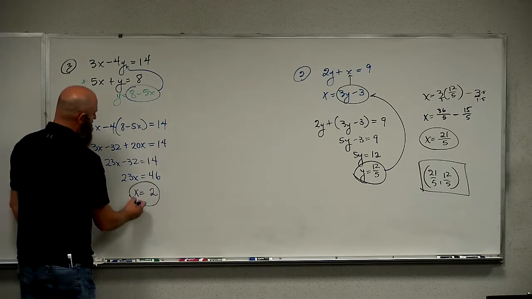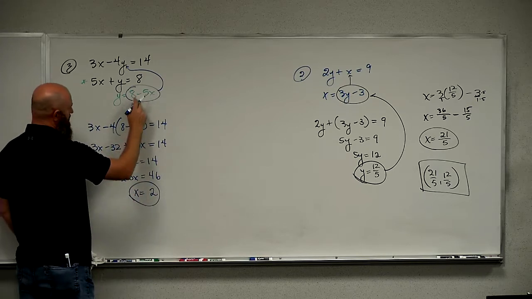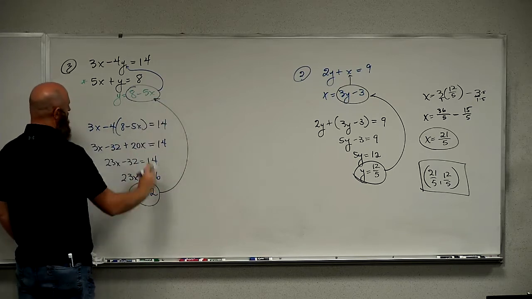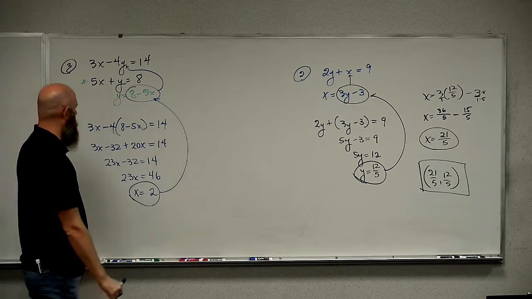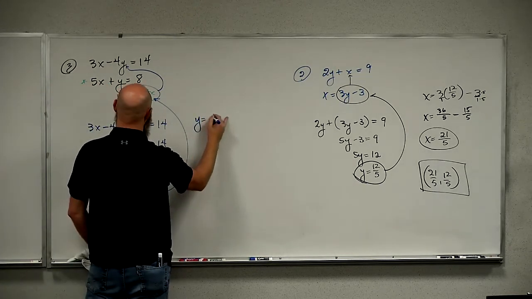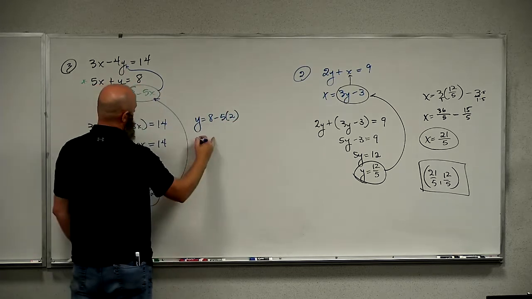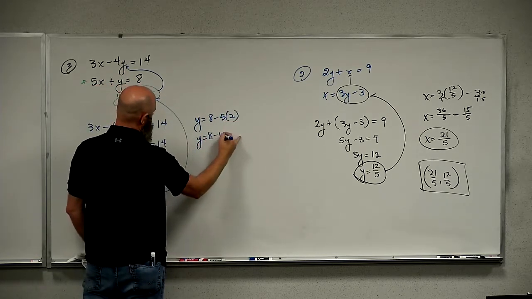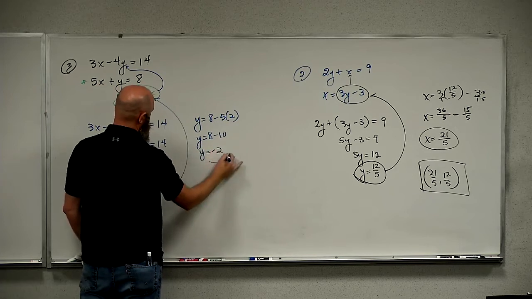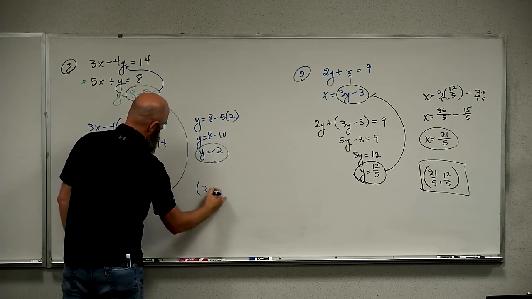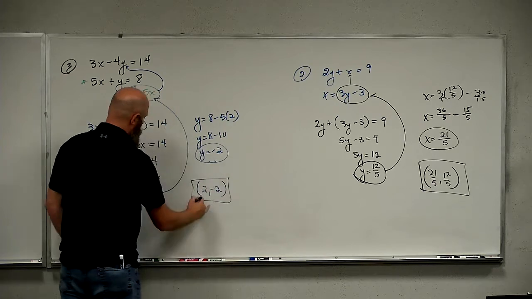Now we can plug this in, and we can even use this modified version. So we're going to plug that back in here so that we can get our y value. So y equals 8 minus 5 times 2. So y equals 8 minus 10, or y equals -2. So we get 2, -2 for our solution.